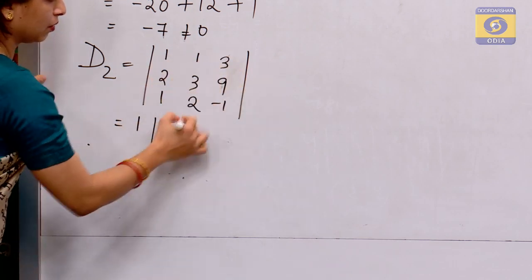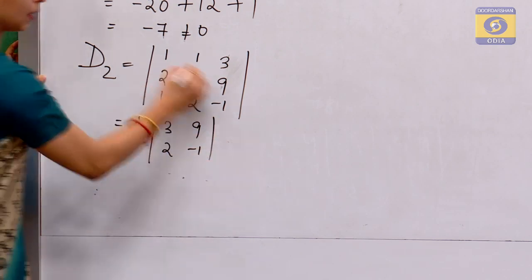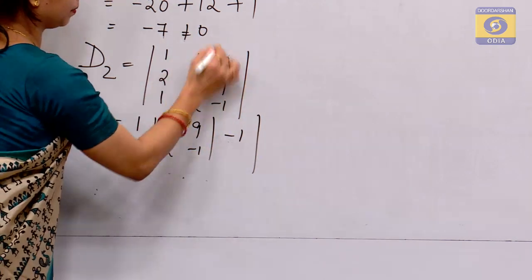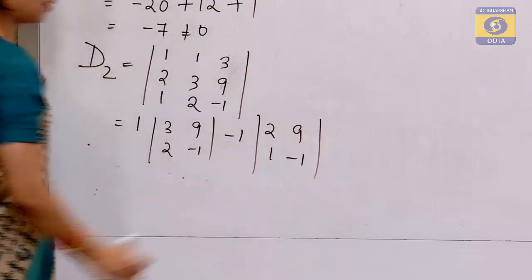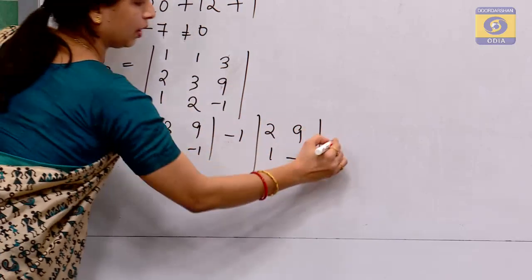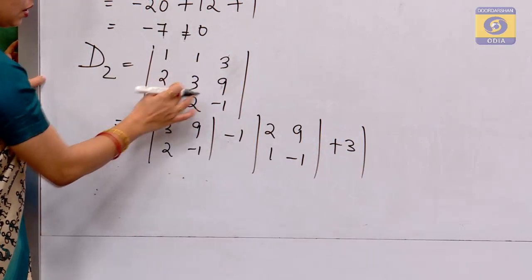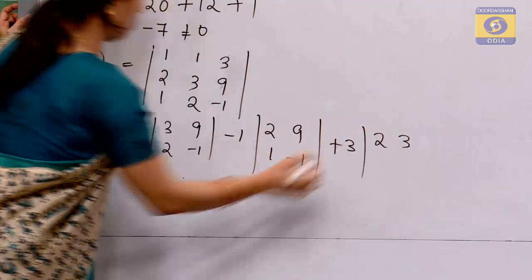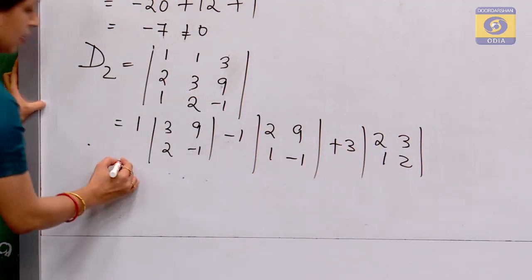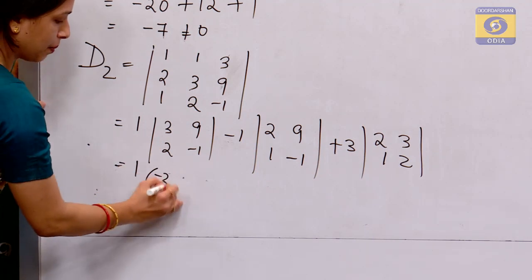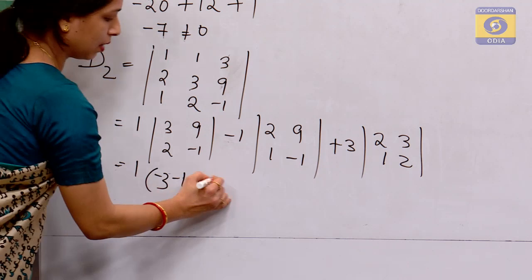So, again the first row means 3, 2, 9 minus 1, again 2, 9 and 1 and minus 1, here 3. So, plus 3, deleting the row and the column in which it exists, the remaining second order determinant 2, 3 and 1 and 2. So, here again we will get minus 3 minus 18, here again minus 1.